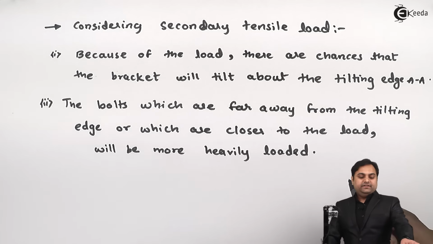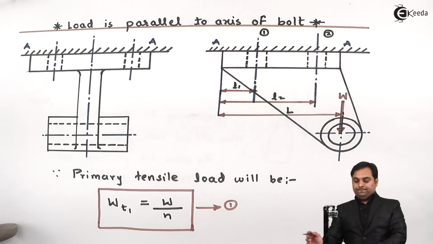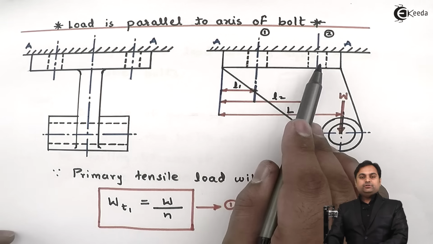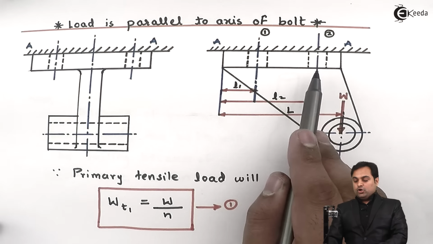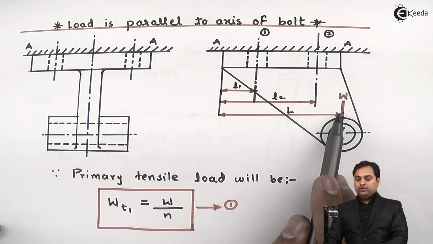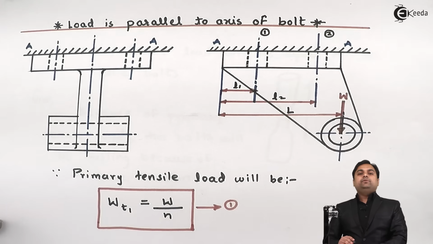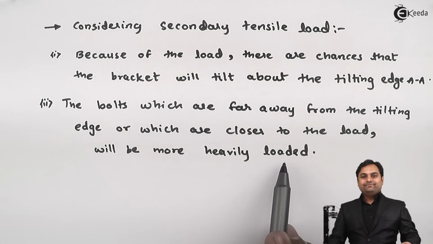So here I have written that the bolts which are far away from the tilting edge, if you compare 1 and 2, the bolts at center line 2, they are far away from the tilting edge or they are closer to the load. So these bolts which are closer to the load, they would fail more heavily loaded.